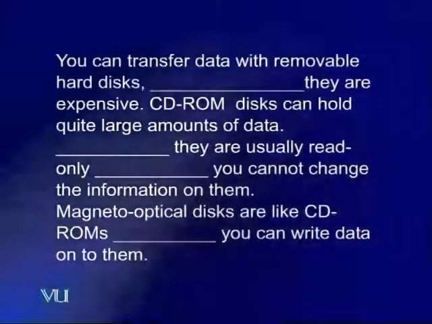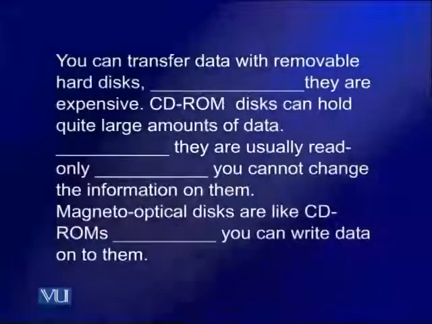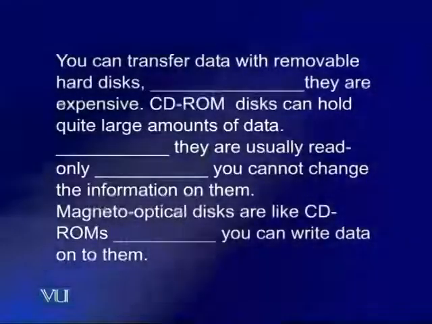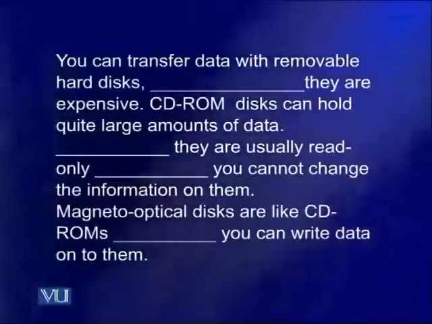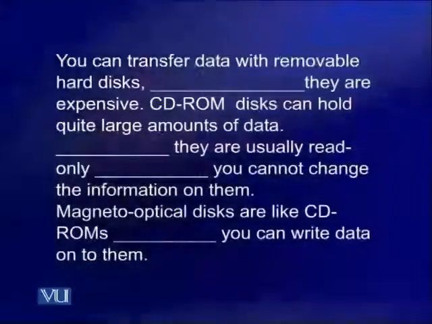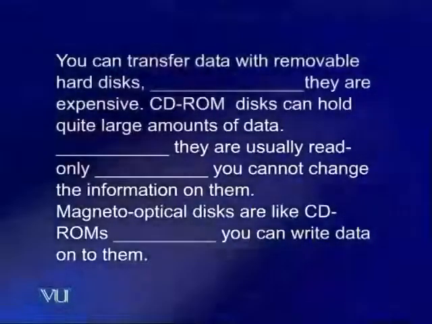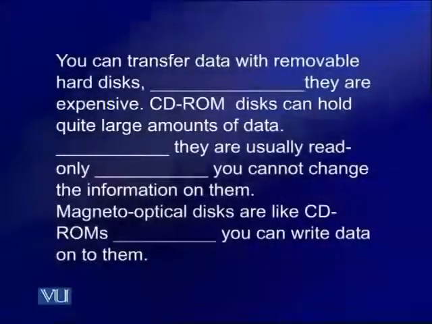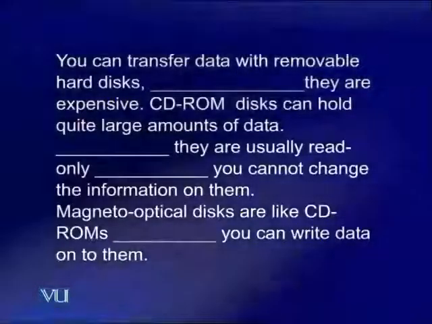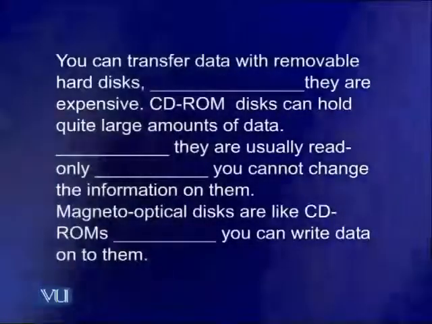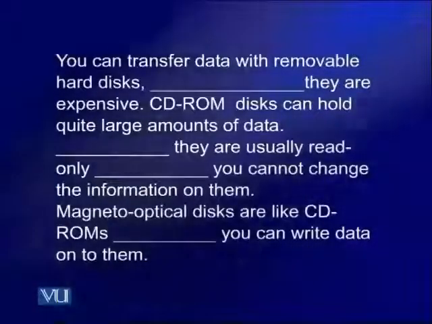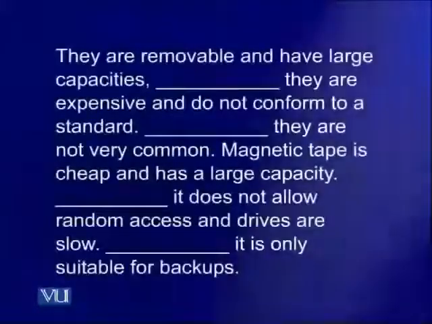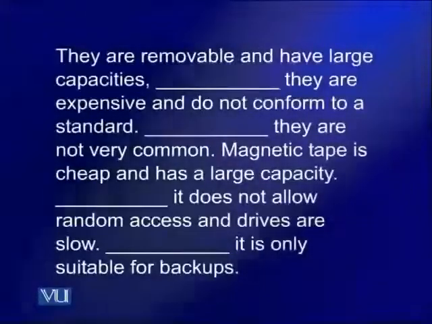And the last sentence, magneto-optical disks are like CD-ROMs, dash, you can write data onto them. Magneto-optical disks are like CD-ROMs, but you can write data onto them. They are removable and have large capacities.